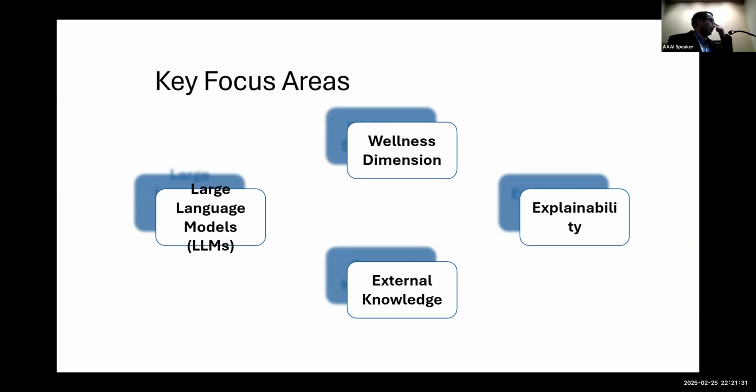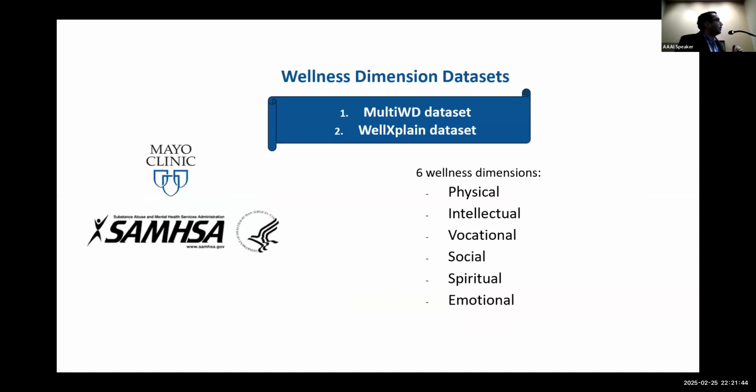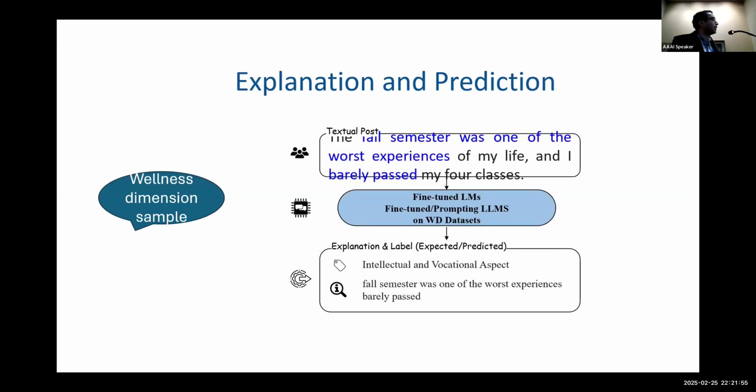We will check the impact of external knowledge on large language models. We have different wellness dimensions, like physical, intellectual, vocational, social, spiritual, and emotional. Consider this example: we have a textual post as the input.